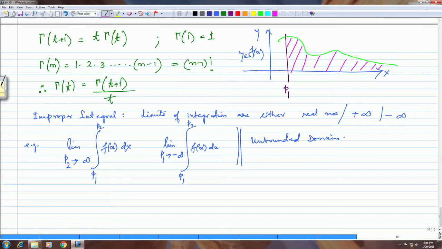All I can say is that the next limit is p2, which is infinity. This is what it physically means. It's an improper integral. Now the point is, it can get a little scary.